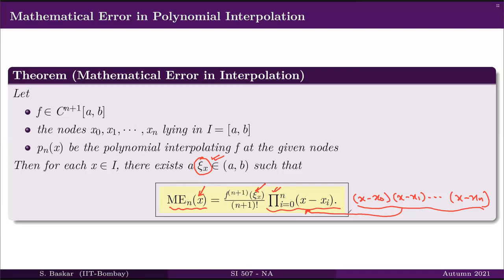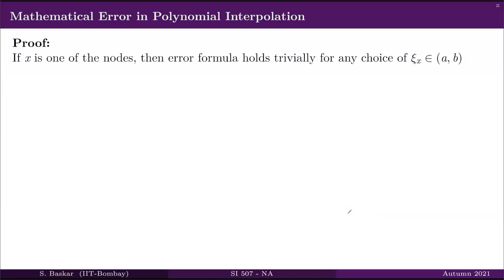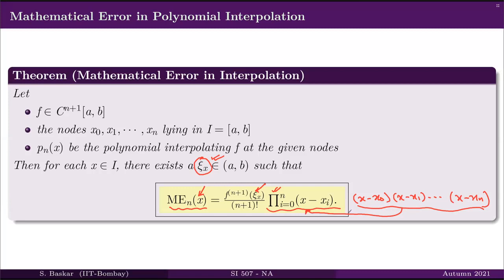The proof of the theorem is not something new to us. Right from the Taylor expansion proof, we are doing this. I think at least twice we have used this idea in our course so far, but still we will repeat it here. First, observe that if x is one of the nodes, then what happens?